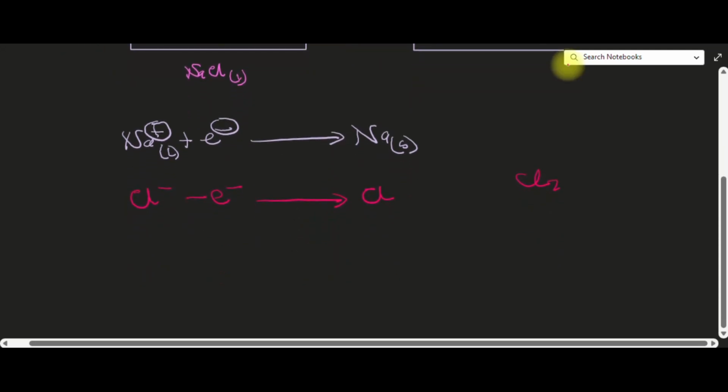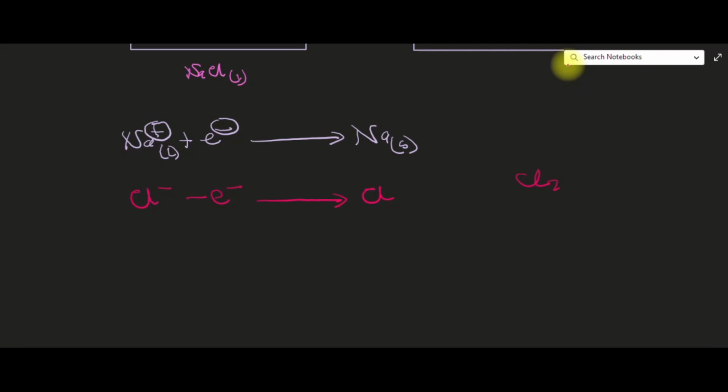And then remember, I told you that elements like chlorine, like bromine, like iodine, like fluorine, like nitrogen, like oxygen and hydrogen. There should be 7 of them. Yeah, all these 7 elements, they exist naturally as what? As diatomic elements, diatomic molecules.